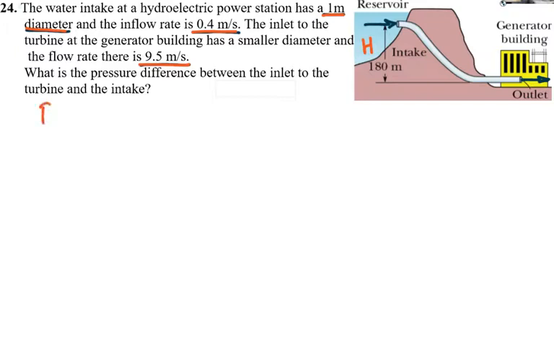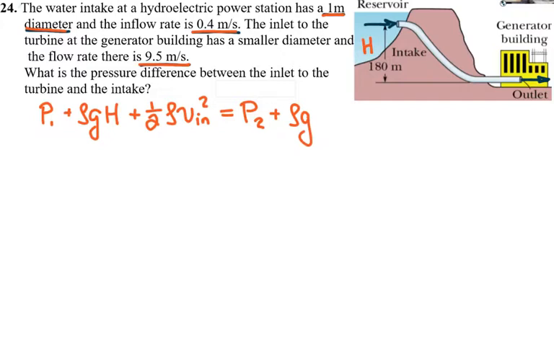So I have P1 plus rho gh plus 1/2 rho v in squared equals P2 plus rho g, the height where the water is coming out is 0, plus 1/2 rho v out squared. So this one cancels, and we need the pressure difference.